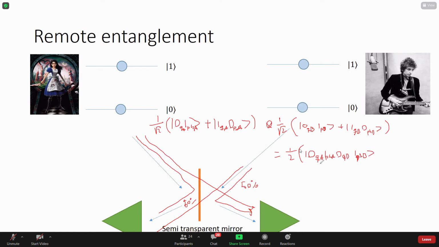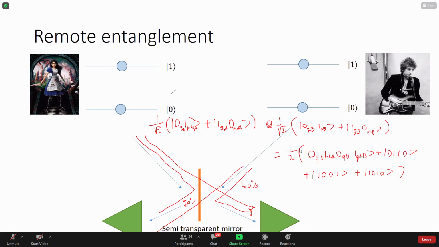And now we just remember that this is the order: QA, photon A, QB, photon B. So then we get plus 0, 1, 1, 0, plus 1, 0, 0, 1, plus, and the final one is 1, 0, 1, 0. Okay. So this is the state of the combined system of Alice and Bob and their 2 photons.